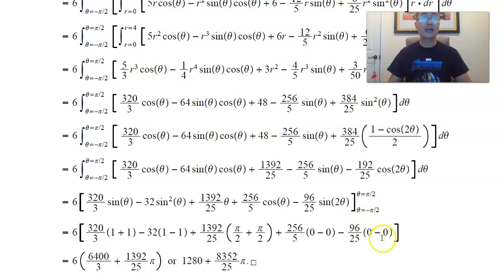They are both 0. So go away, that doubles, go away, that doubles. And then don't forget to multiply by 6. So we get this as our final answer.